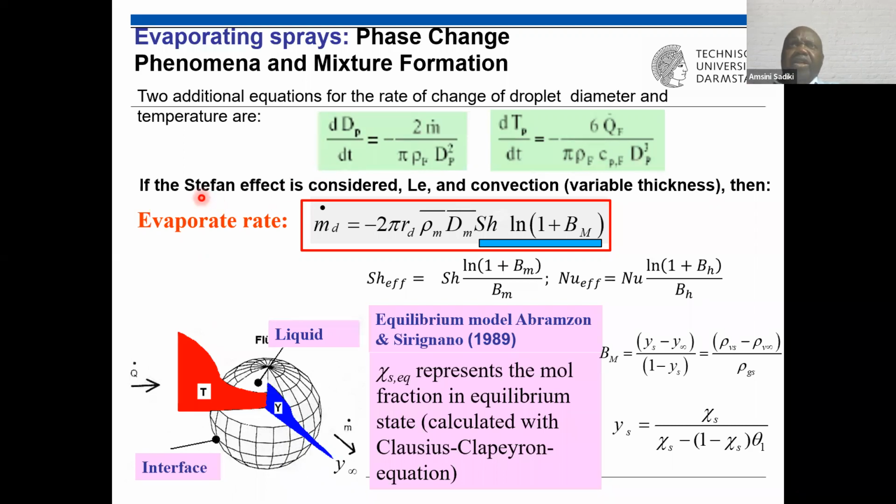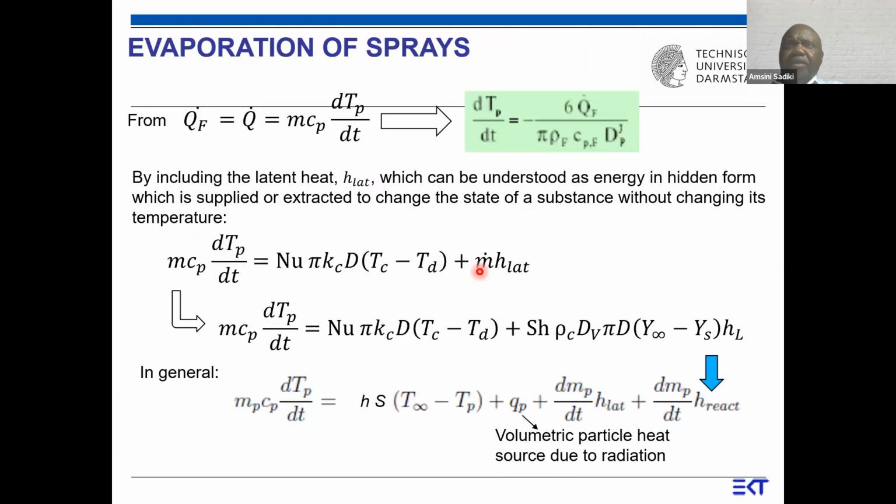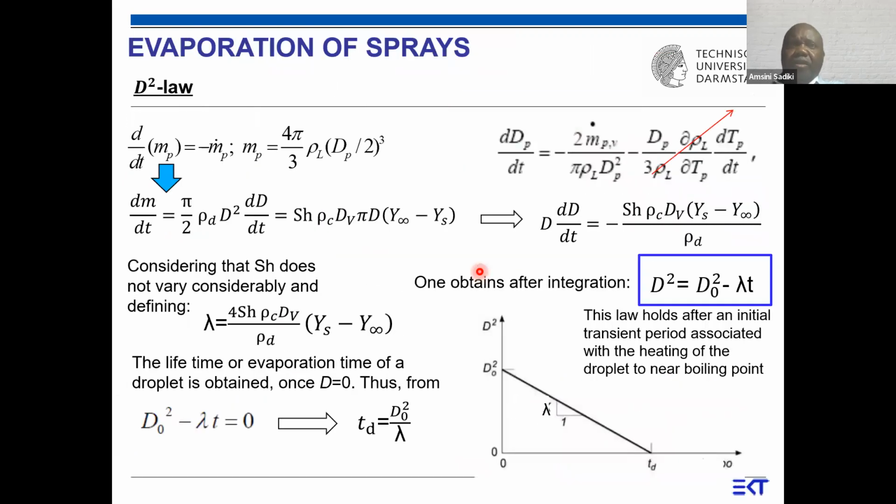So if the Stefan effect is considered, we have the Lewis number and convection for variable thickness. Then we have this expression I told you. We add the effective Sherwood number here, as in this expression we have obtained and introduced here.